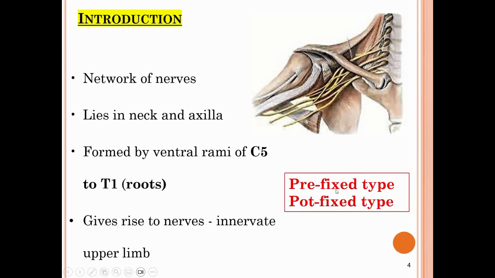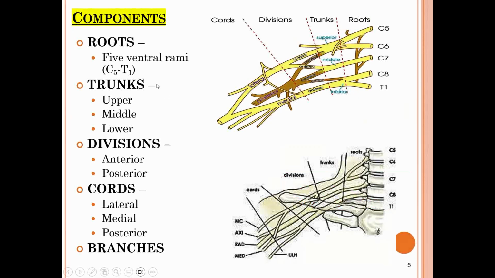Brachial plexus can be prefix type or postfix type. In postfix type, along with C5 to T1 there is T2 also, and in prefix type, along with C5 to T1 there is C4 also, and these nerves innervate the upper limb.